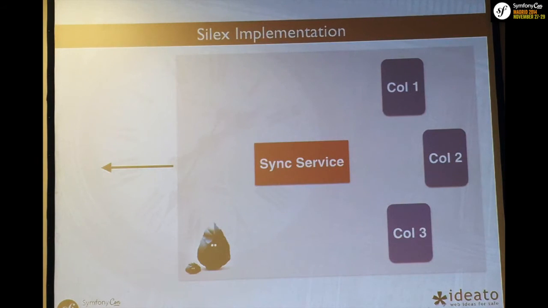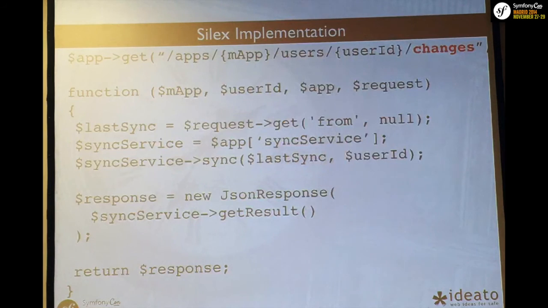And okay, let's see a bit of code. Again, it's really simple. Here we are defining a route with Silex, and the code for dealing with this kind of stuff is a really thin layer because all the logic is inside the synchronization service.